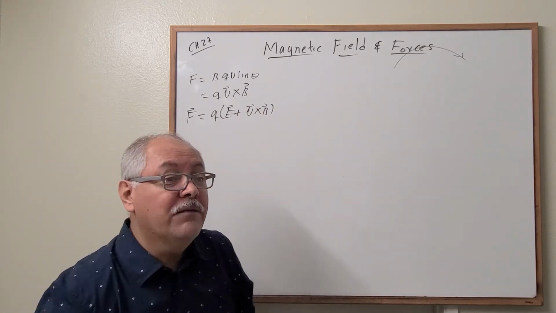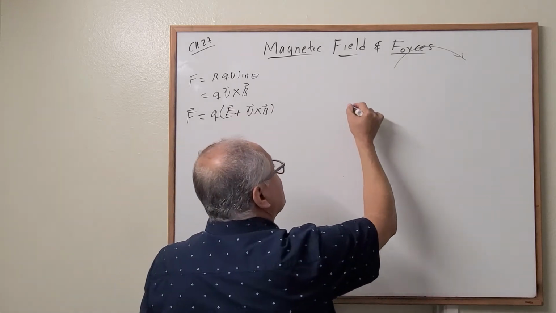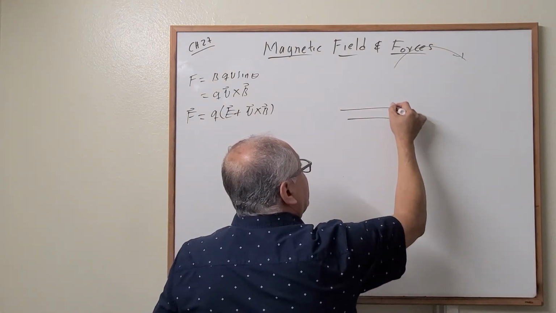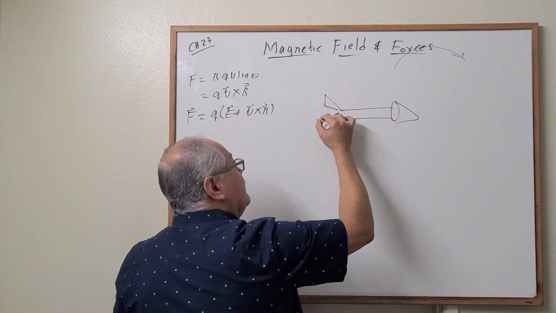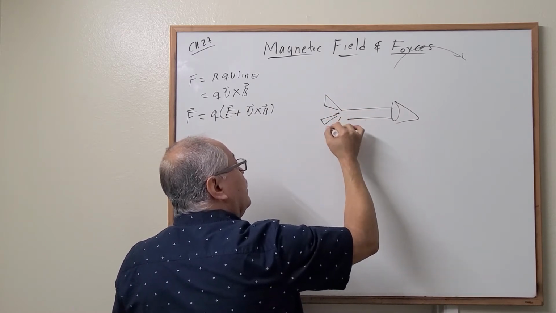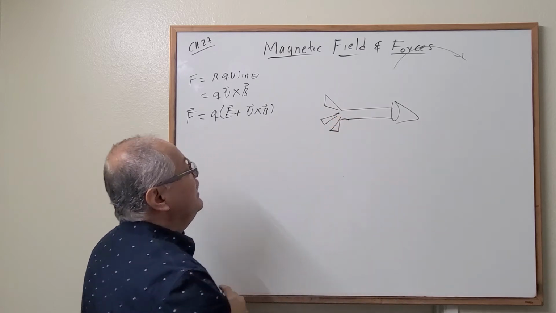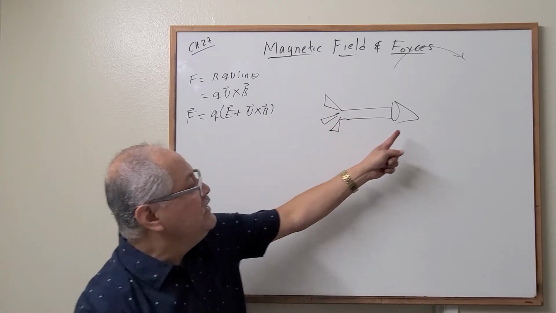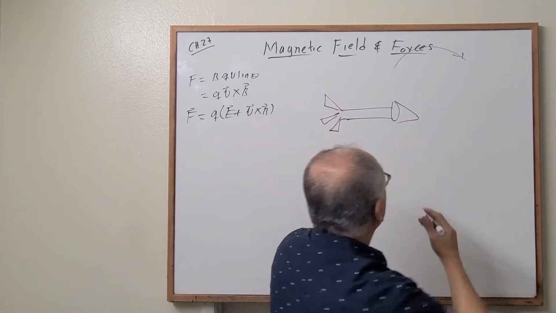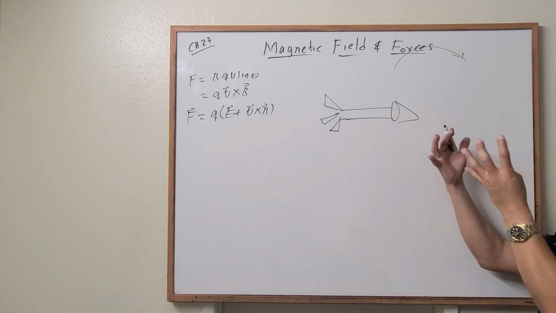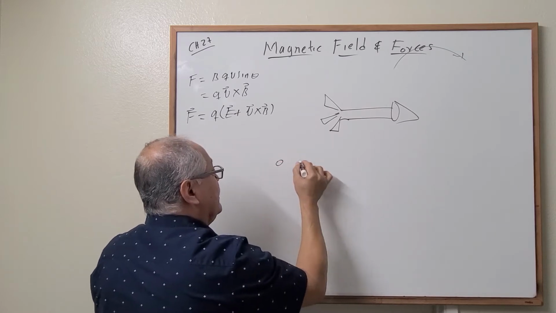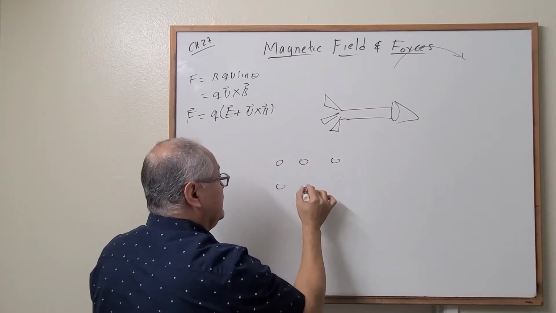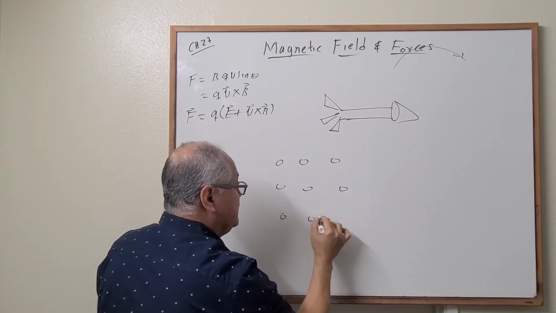Imagine that we have an arrow going in this direction, and this is the tail of the arrow. You are on this side, looking at the arrow coming toward you. You will see the tip right here, circles.